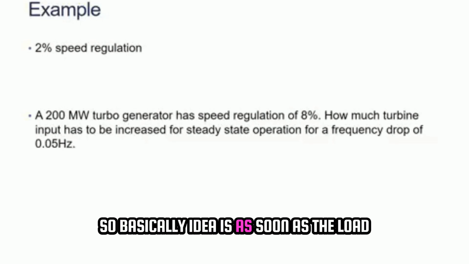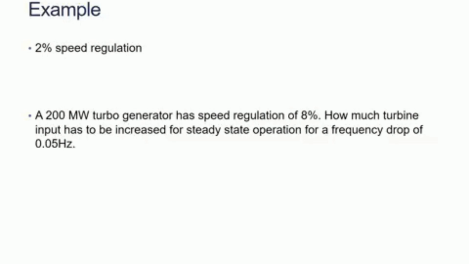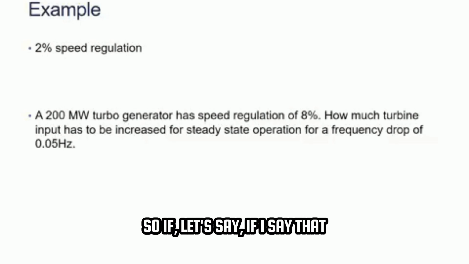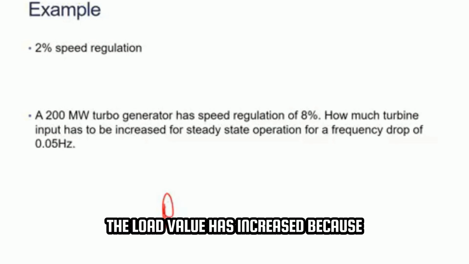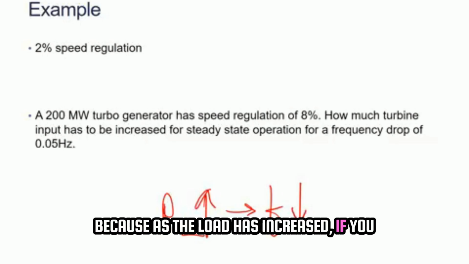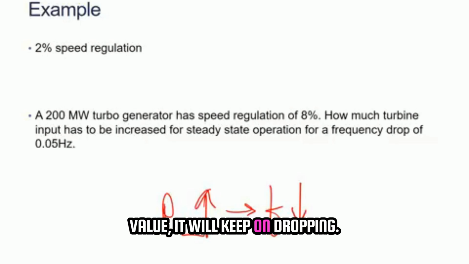So basically, the idea is, as soon as the load changes, let's take that the load increases. If I say that the load value has increased, because of this the frequency will drop, and it will keep on dropping, because as the load has increased, if you do not change the generation value, it will keep on dropping.